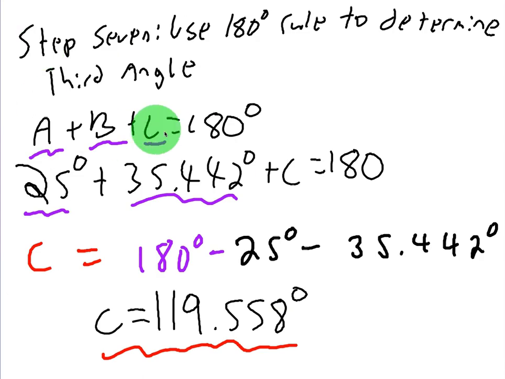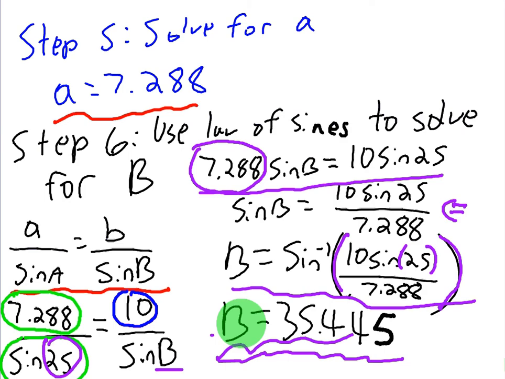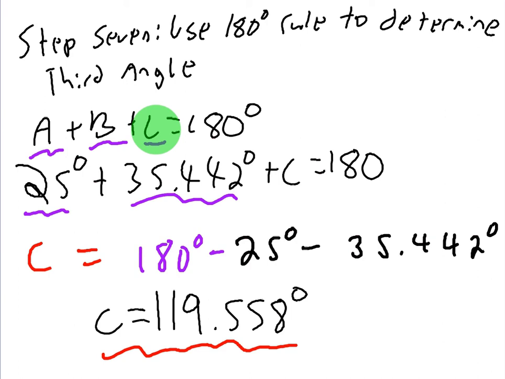Big C now we can solve for because we know big B. Big C will just be 180 minus 25 minus big B. Again, I'm actually going to change this to a 5 now that I've done this more accurately. So it'll be 180 minus 25 minus 35.445. Make sure I change that again.